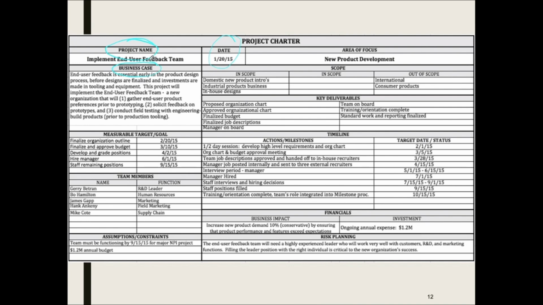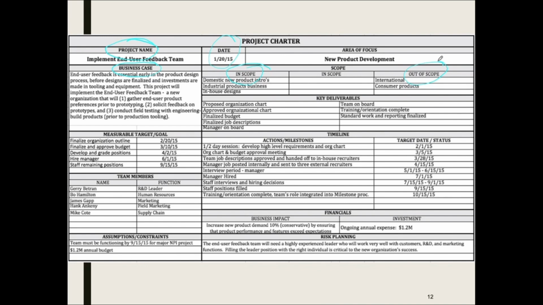You also need to cover the scope, what is in the scope and what is outside the scope. In some projects, to remove any misunderstanding of the scope, you have to be very specific about what you're going to do, what is in the scope, and also you have to mention what you are not going to do. It is not included in the scope, and we call it the out of scope.